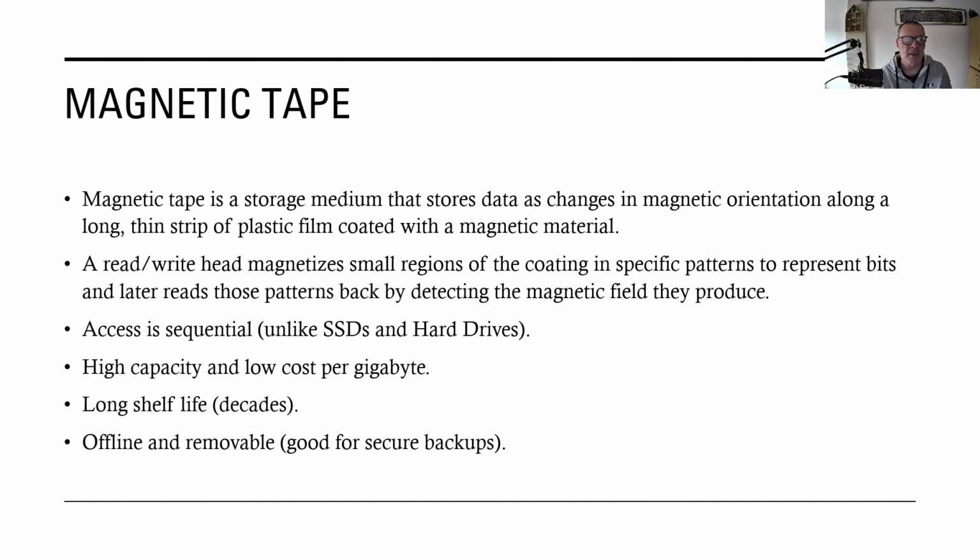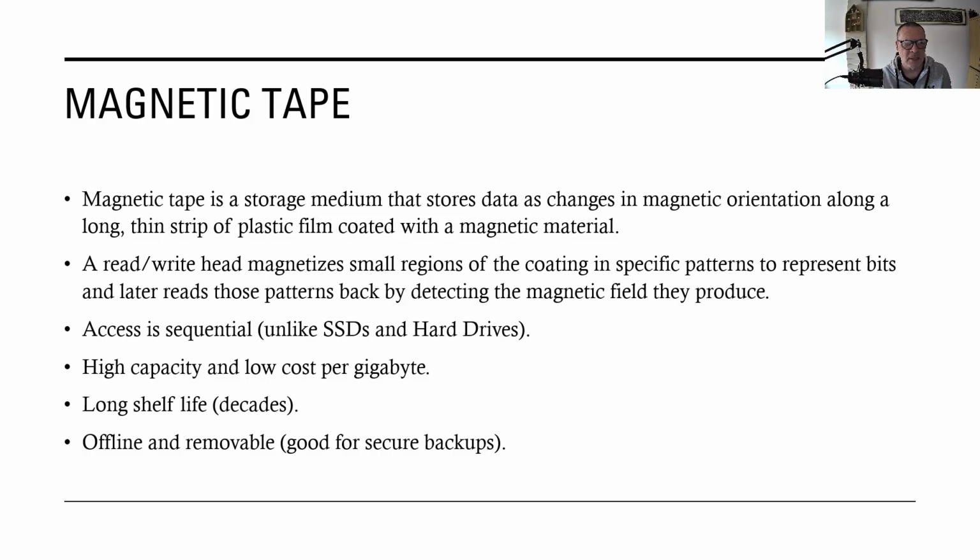Magnetic tape uses the same basic principle, using magnetic orientation, but this time instead of on a platter and a fixed disc, it stores it on a long thin strip of plastic film coated with a magnetic material. The read-write head magnetizes regions of the tape to represent the bits and can read the patterns back again. The access, though, on magnetic tape is sequential, unlike hard disk drives where we can go to specific locations.